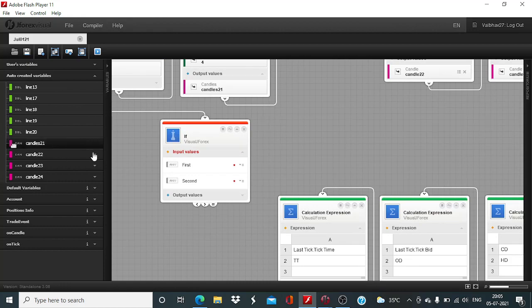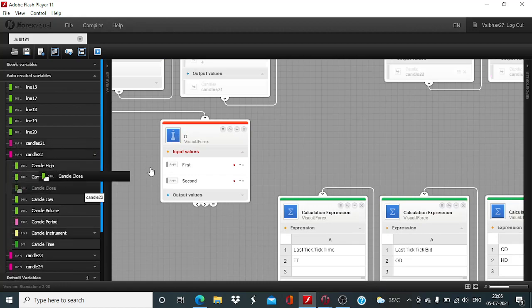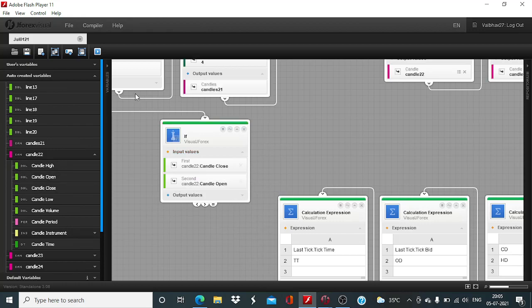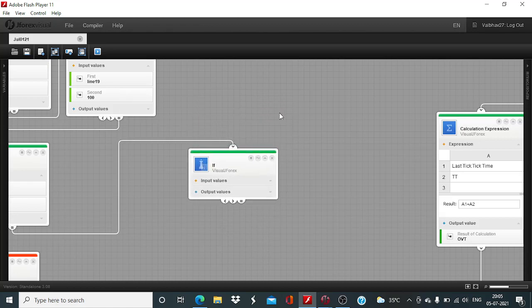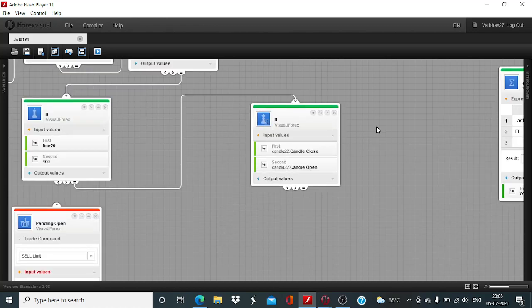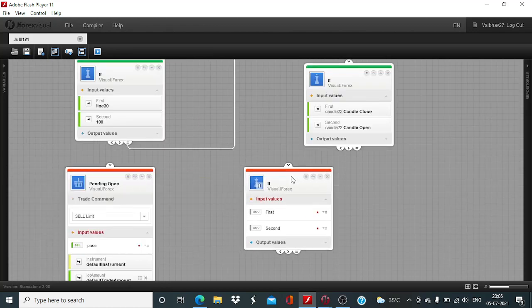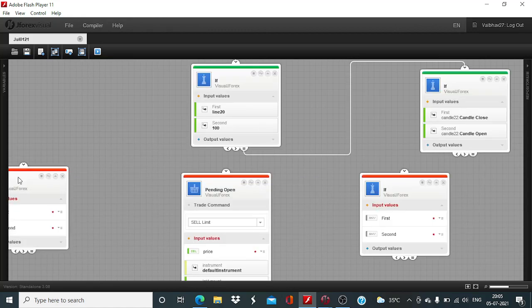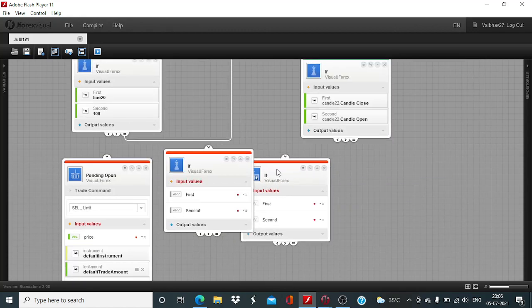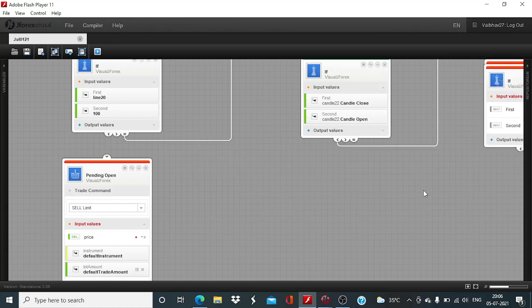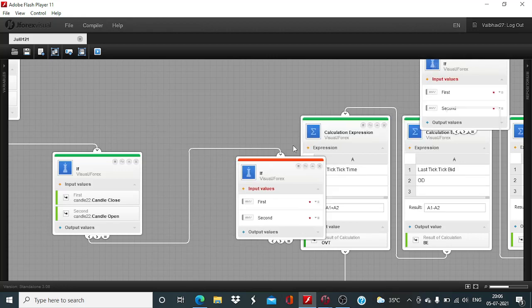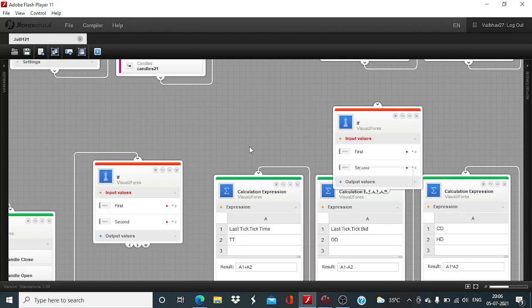So candle 22nd close will need to be lower than its open. First input less than second input.